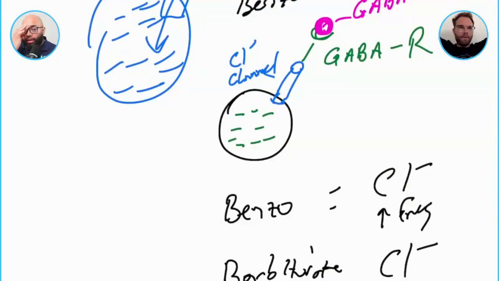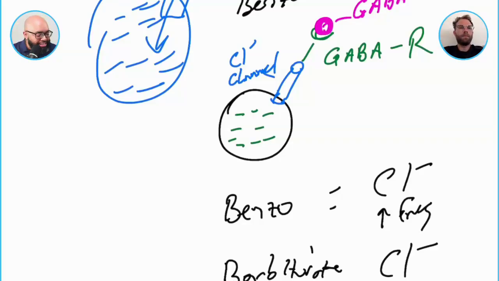Okay? And why would we give a benzo? Why would we give a benzo instead of a barbiturate in, let's say, the field, if the barbiturate we know is going to keep that channel open longer so they don't go back to having a seizure? Because of the half-life involved, because it's going to keep that door open longer, it's going to cause negative to go too long.